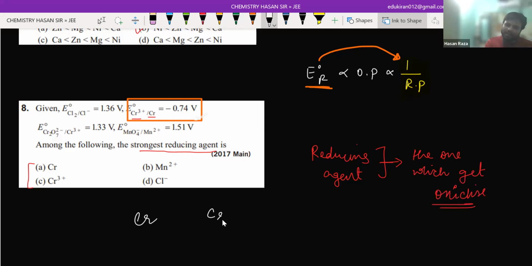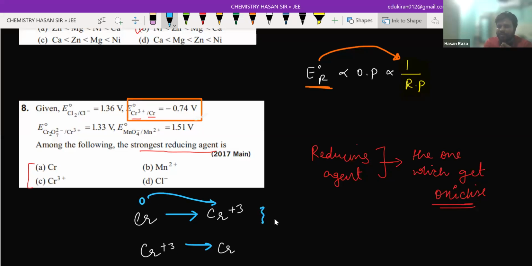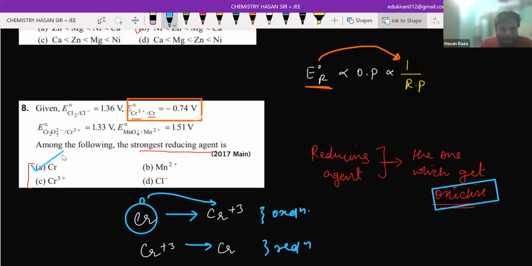So there is Cr and Cr plus 3, and there is Cr plus 3 and Cr. Can you tell me in which one oxidation is taking place? You can see chromium going from 0 to plus 3. That is your oxidation, and this is your reduction. But what we needed is the one which gets oxidized. So which one is getting oxidized? Chromium, and hence A is the correct answer.